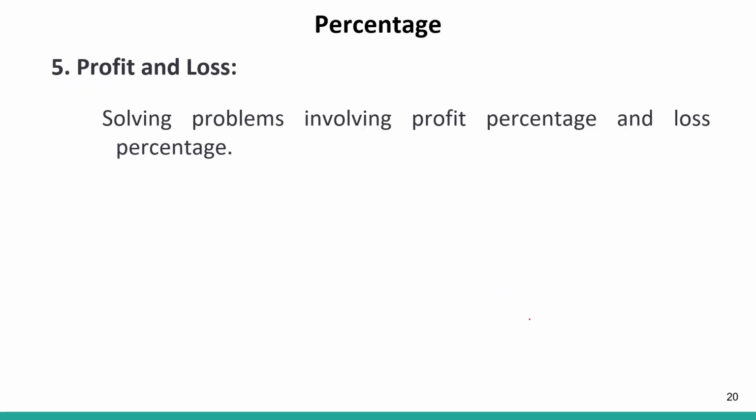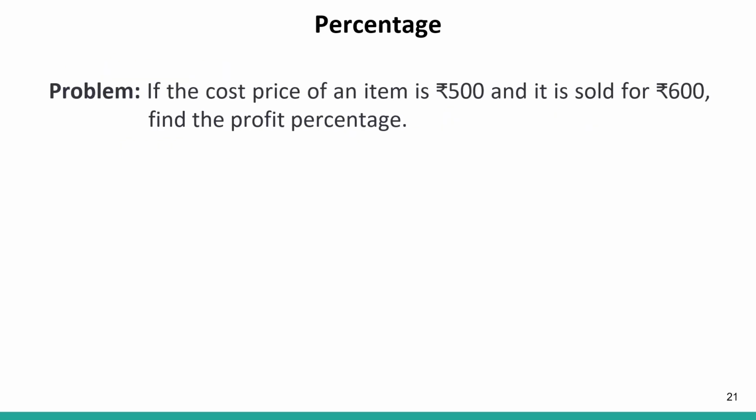Okay. So solving problems involving profit percentage and loss percentage is the fifth kind of problem that is being asked. So let's see an example. If the cost price of an item is 500 and it is sold for 600, find the profit percentage. So the cost of the item is 500 rupees and it is sold for 600 rupees.